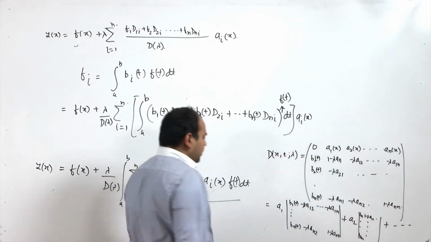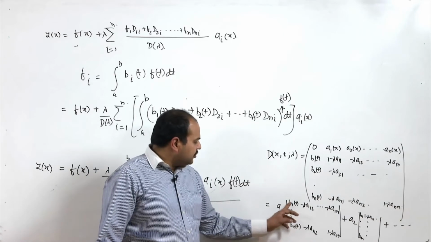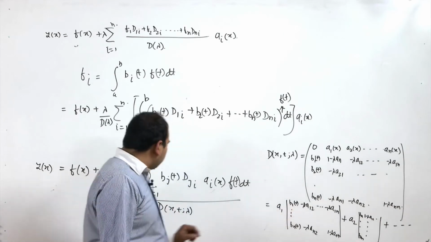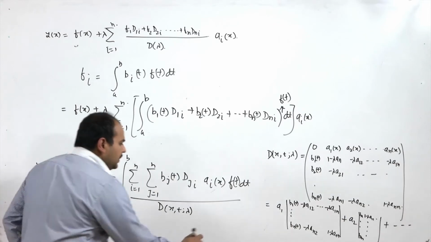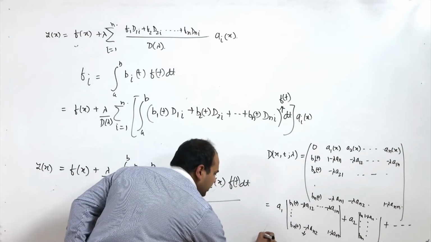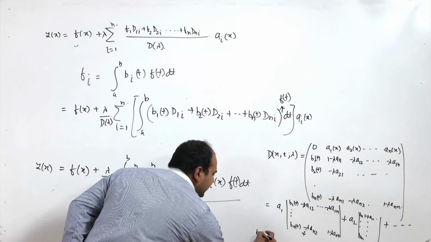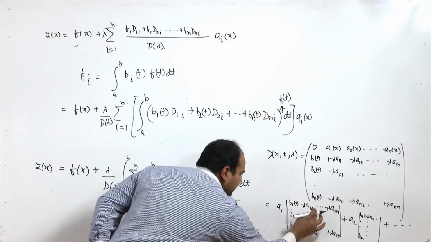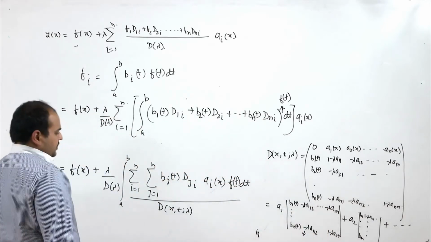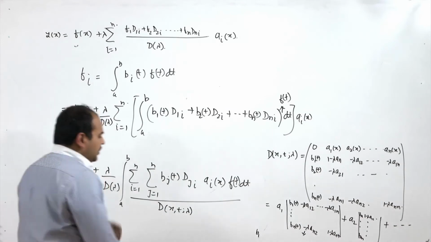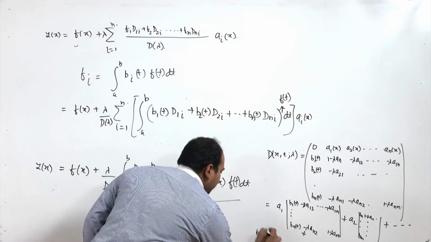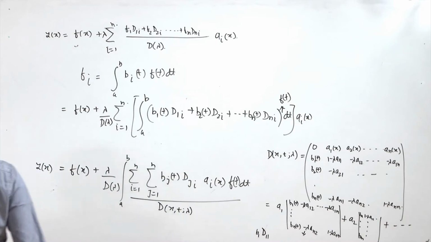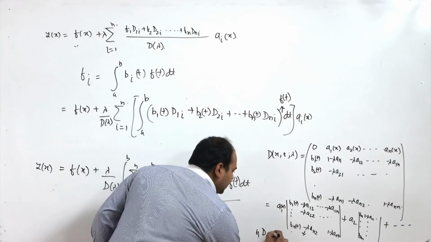Now expanding this, we have b1, and whatever is left is nothing but d11, right? So that is this expression, and similarly you can write the rest.